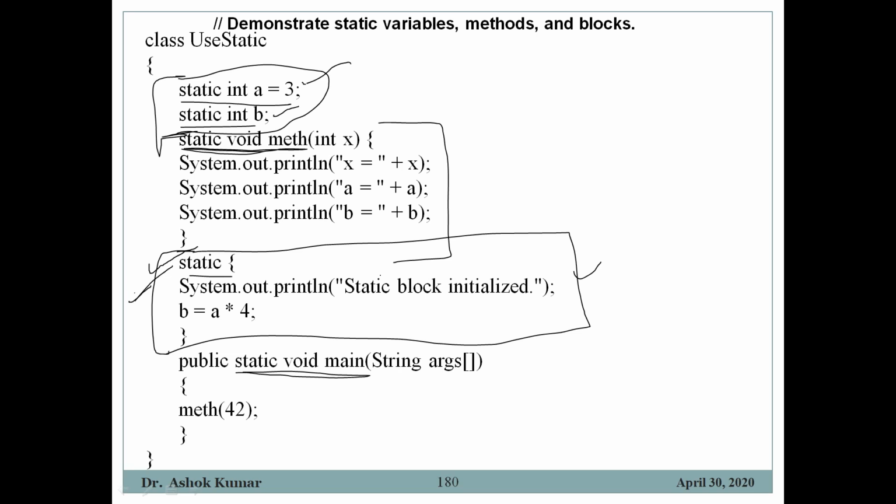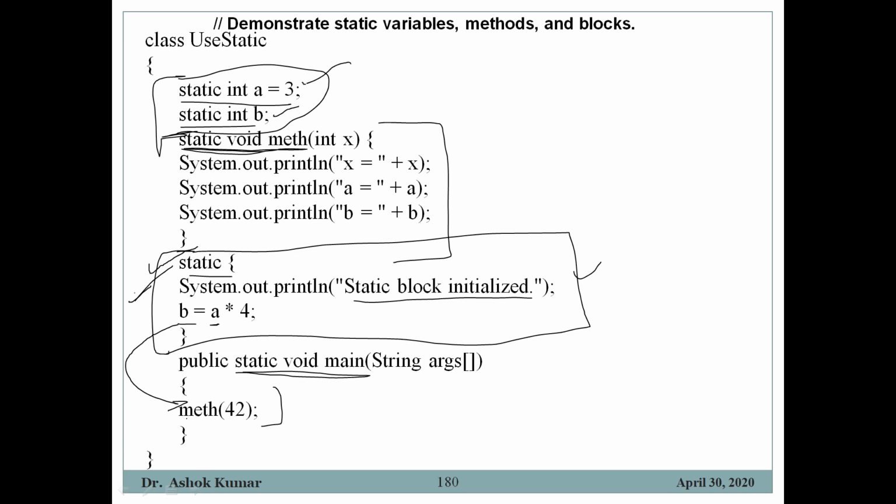In this static block, you will get the first message, static block initialized. Then it will initialize B to A into 4. The value of A is 3, into 4 is 12, so B will be initialized to 12. After running the static block, the control will go to the main. So now the main will run.